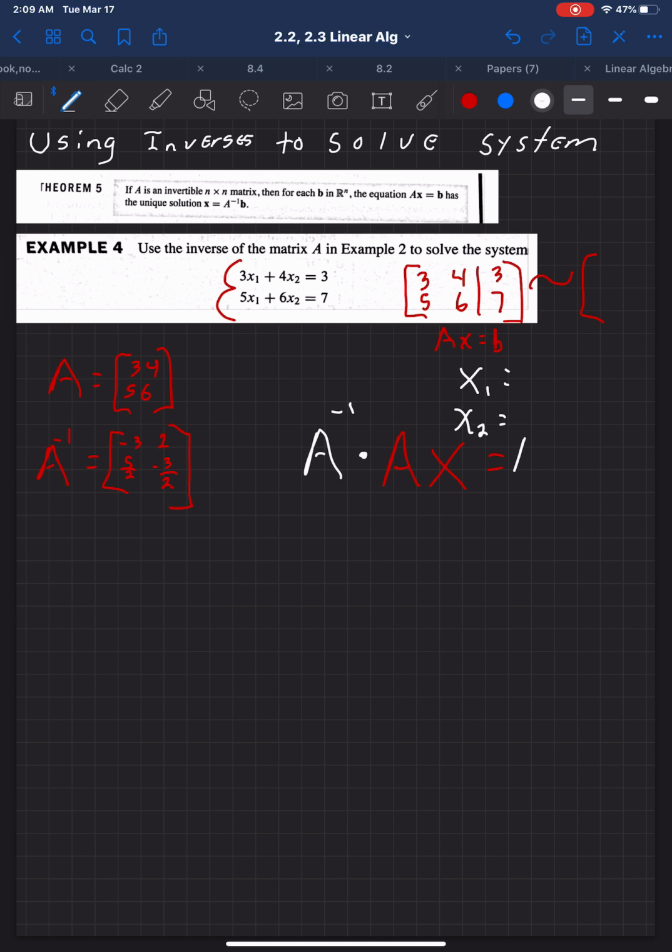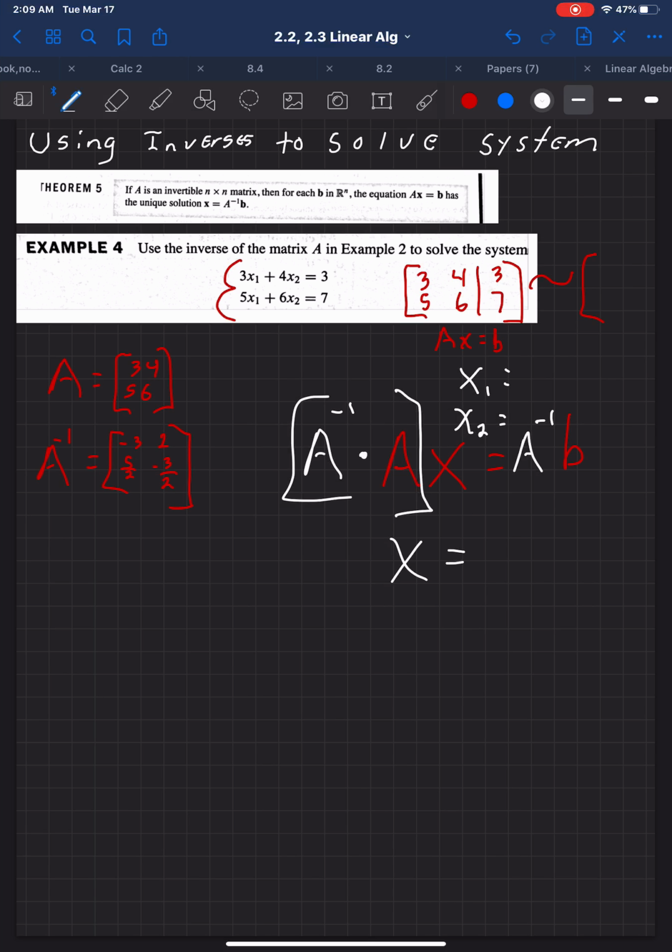So A inverse times B, right? So we're basically multiplying both sides of the equation by A inverse. We already know what A inverse times A is. That's just going to be the identity matrix. So that's just 1. 1 times x is x.